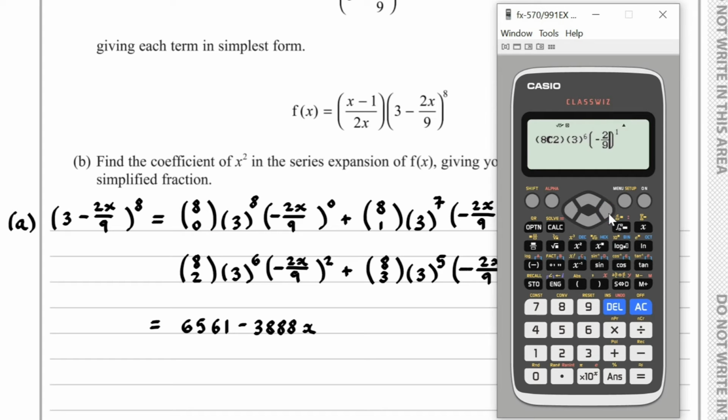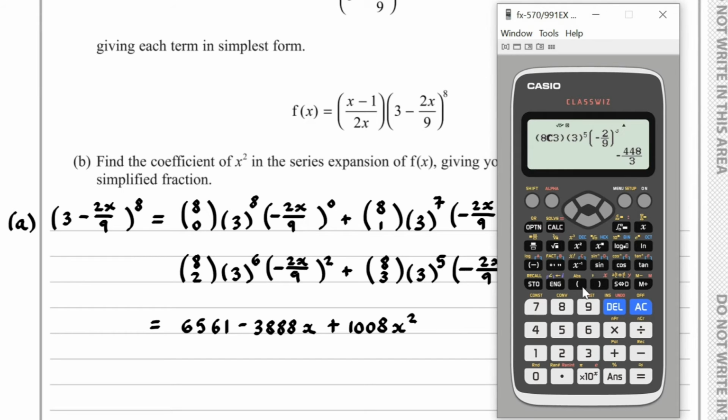And then for the next term, we have 8 choose 2 multiplied by 3 to the power of 6 multiplied by negative 2 over 9 to the power of 2. So we add on positive 1008 x squared, and then we have 8 choose 3 multiplied by 3 to the power of 5 multiplied by negative 2 over 9 to the power of 3.